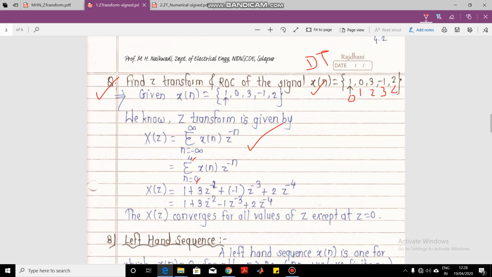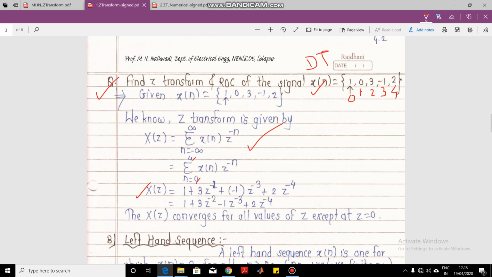So x of n z raised to minus n. Now go on putting the values of x of n. For n equal to 0 it is 1. For n equal to 1 it is 0, so that term is 0. For n equal to 2 it is 3, so 3 into z raised to minus 2. Similarly, minus 1 into z raised to minus 3 plus 2 into z raised to minus 4. So this is the equation of x of z.